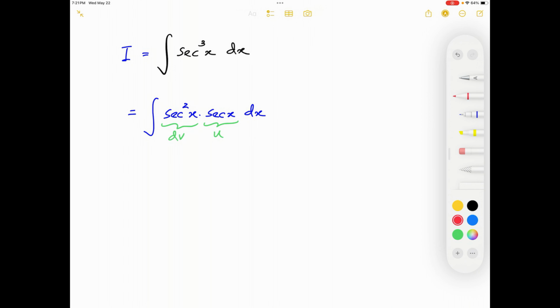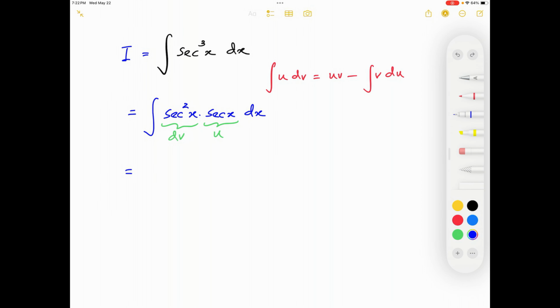From integration by parts, we know if you have integral u dv, this is going to be equal to u times v minus integral v times du, in which we integrate the function that was labeled as dv in order to obtain v, and we differentiate the function labeled as u in order to obtain du. Alright, let's write down the right hand side. The first term is u times v.